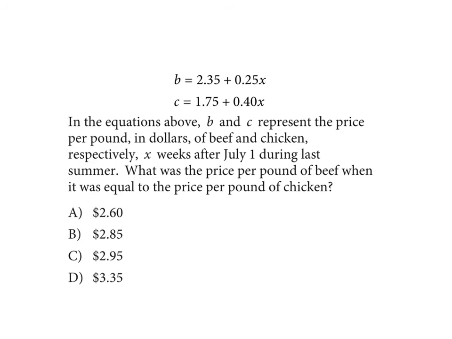Okay, so in this problem, read the question. What does the question say? What is the price per pound of beef when it's equal to the price per pound of chicken?